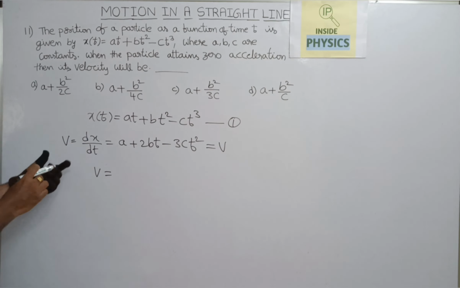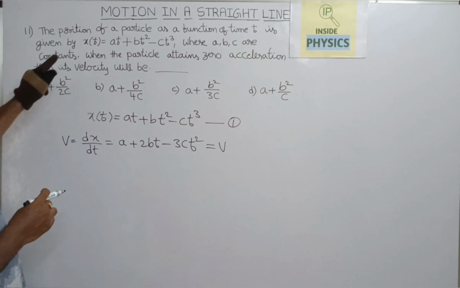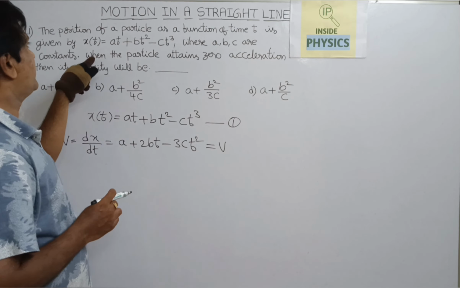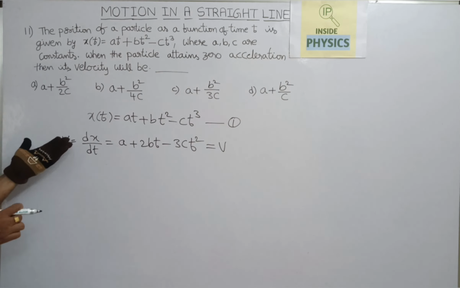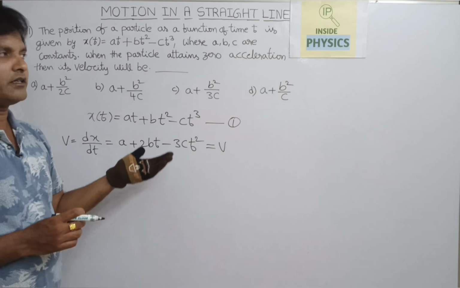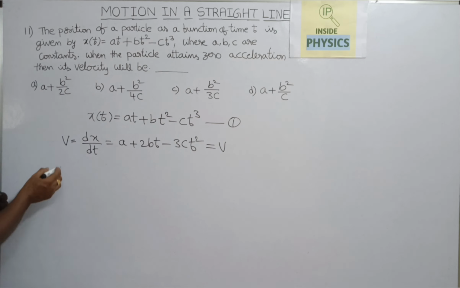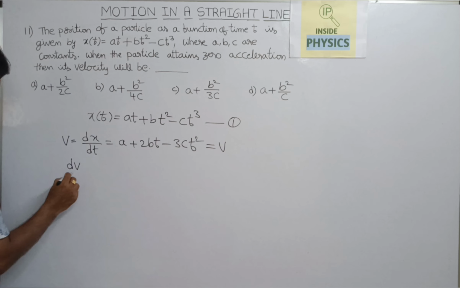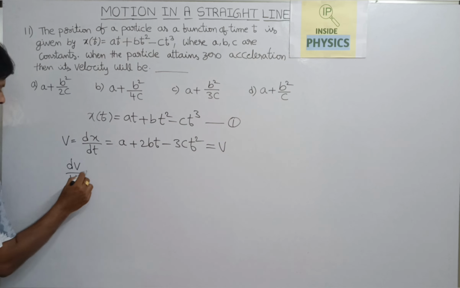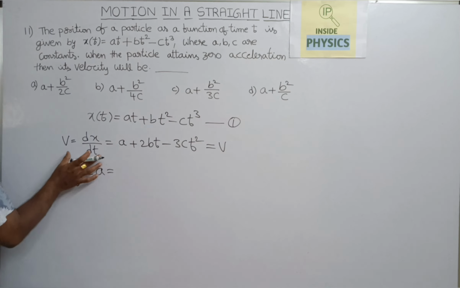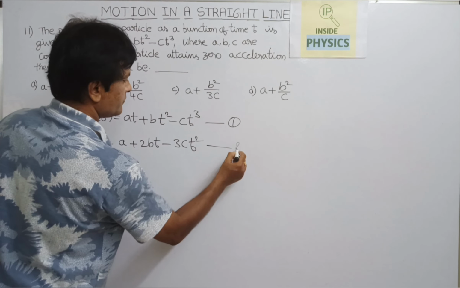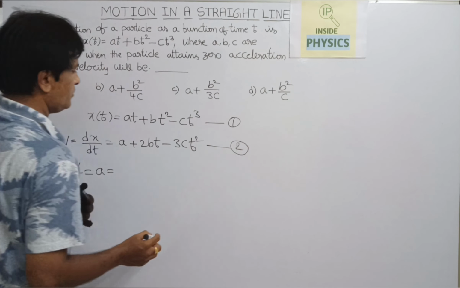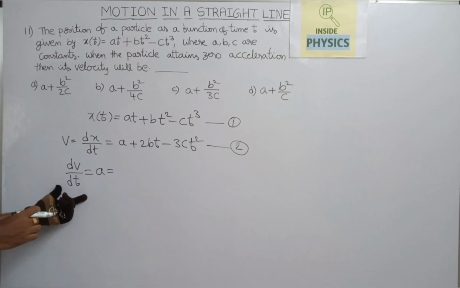Okay, now we have the velocity equation. Now what is the condition here? At the moment where the particle attains zero acceleration. Now we need the equation for acceleration. We know that the rate of change of velocity, dv/dt, is nothing but acceleration. So we will differentiate equation 2 with respect to time on both sides.